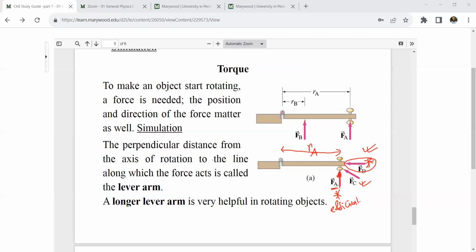So what we see here is the axis of rotation is important, the force is important, the lever arm is important, and also the angle between the lever arm and the force. So a few things we need to understand torque. When you combine all these, the mathematical definition of the torque becomes this.